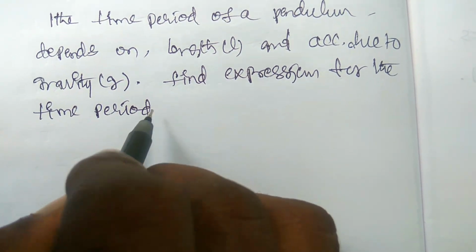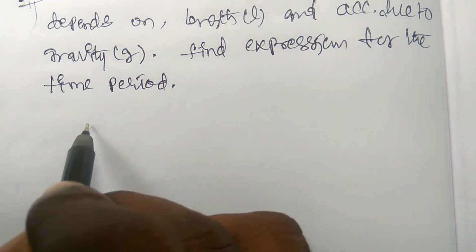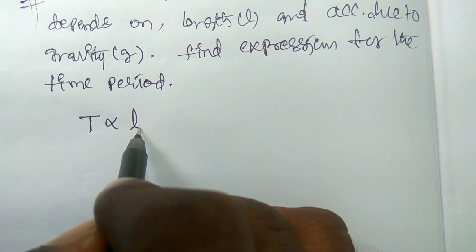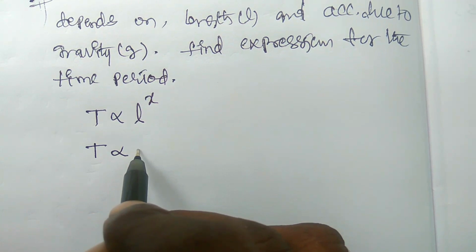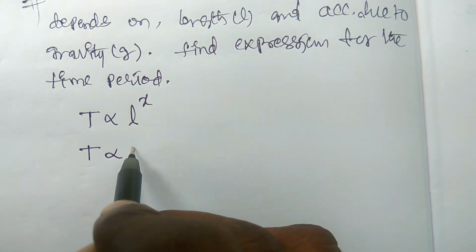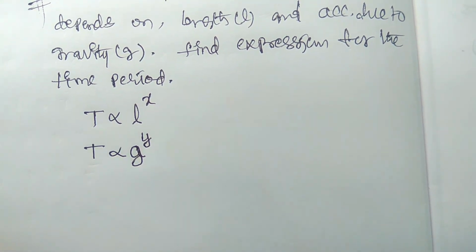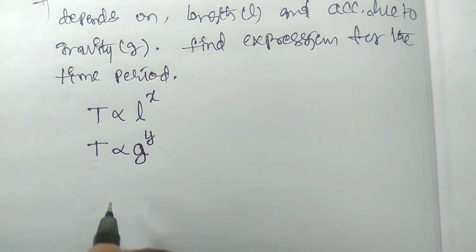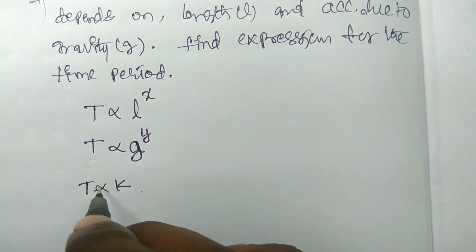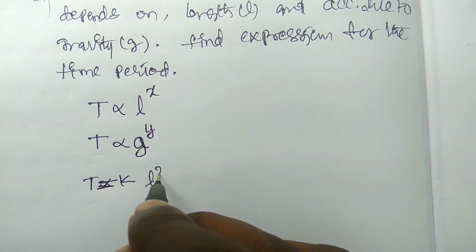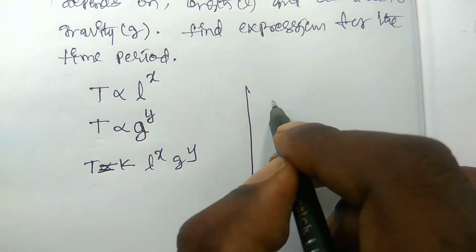Okay, let us find the time period of a pendulum. So here the time period of a pendulum depends on the length of the pendulum, that is L power x, and T is directly proportional to the acceleration due to gravity, that is g power y. You can write T proportional to k into L power x g power y. So here you have to write the dimensional formula.